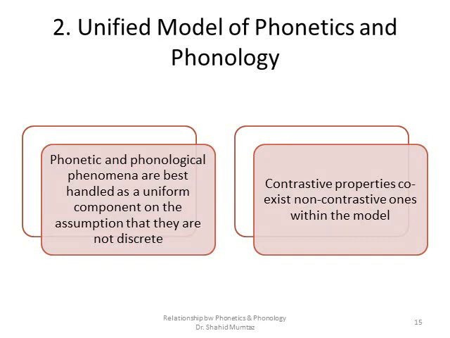In this model, phonetic and phonological phenomena are best handled as a uniform component on the assumption that they are not discrete. Therefore, contrastive properties coexist, non-contrastive ones within the model.